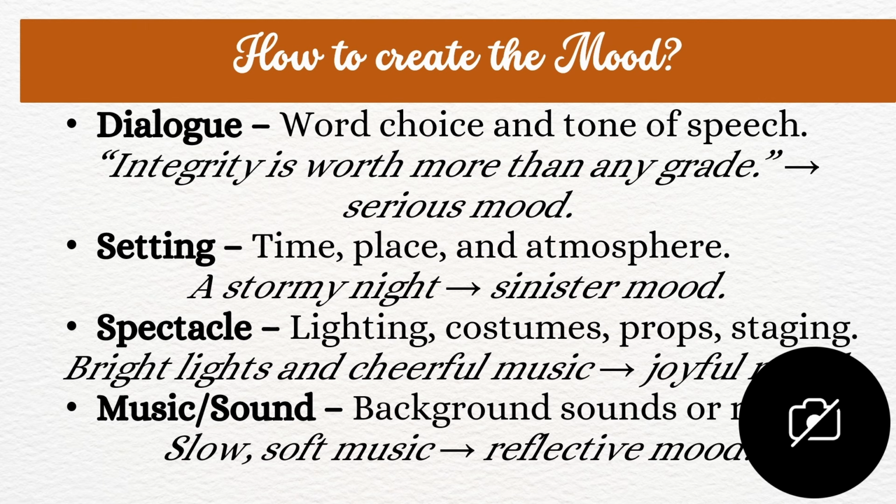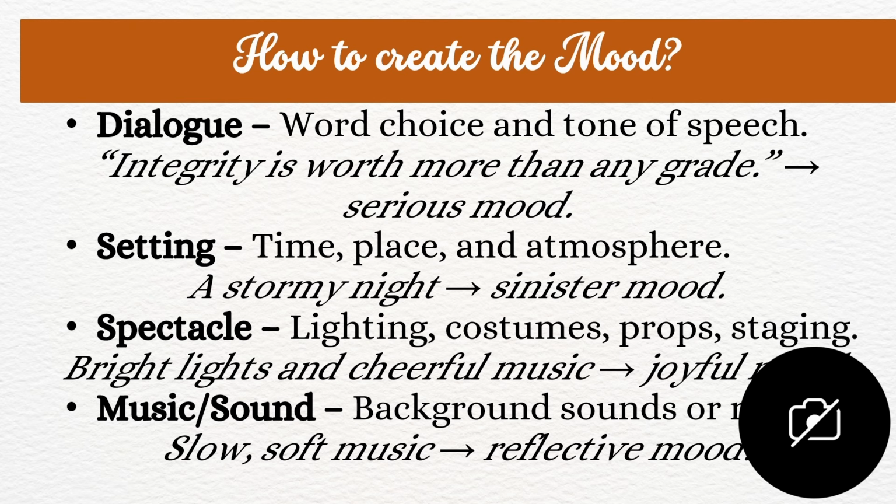Alright. So, how to create the moods? Same with setting, or same with characterization, you use the dialogue, your word choice, tone of speech. Like for example, in Socrates, where learning is worth more than any grade, is a serious mood, or through the setting, time and place and atmosphere. In a sinister type of play like The Crucible, there's a stormy night, thunderstorms, and the like.